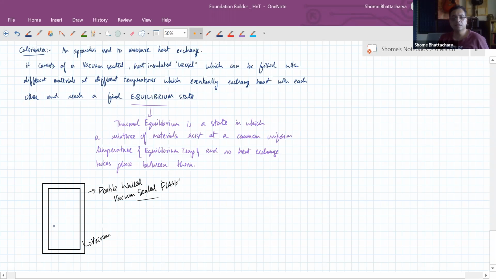So inside it, initially, if we keep some material which is at lower temperature, mixed with another material which is at higher temperature, what will happen? Initially, T1 is less than T2. So heat exchange takes place.